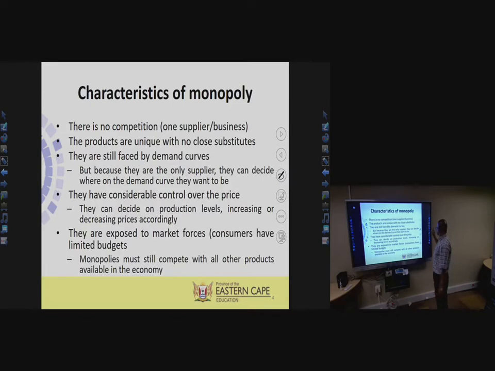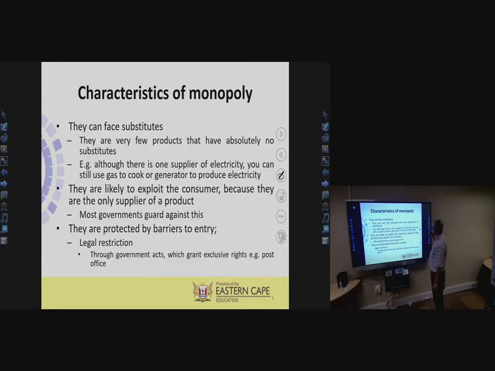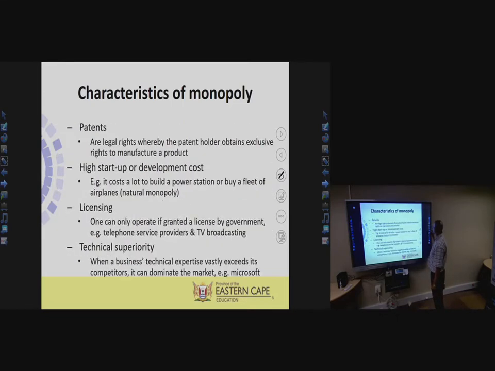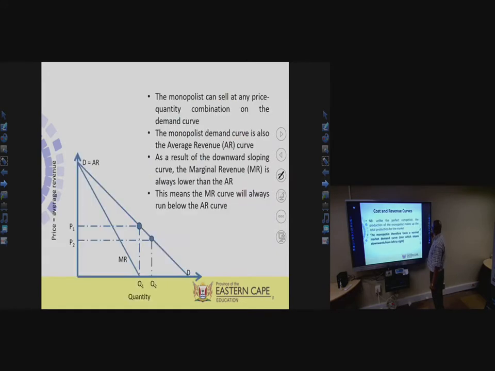Okay, I'm tempted to just go and show you the demand curve so that you can understand what I mean. This is the demand curve, as I've said, that they are faced with. In this case, this will be your demand curve.